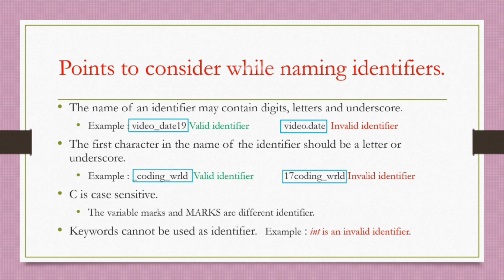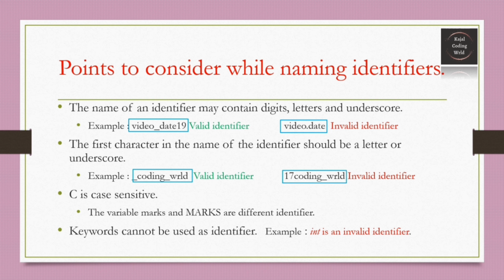Now, points to consider while naming an identifier. First, the name of an identifier may contain digits, letters, and underscore. For example, video_date19 is a valid identifier. Here video.date is an invalid identifier.